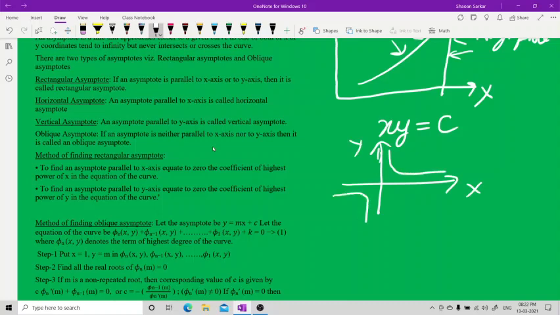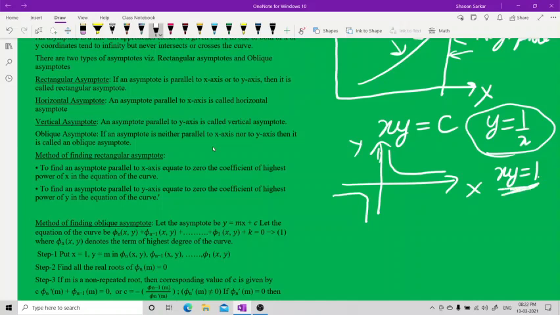This comes like this. So you have already seen this graph y equal to 1 upon x. The graph of this is this because xy equal to 1 and 1 is a constant here. This is also a rectangular hyperbola but with constant 1.